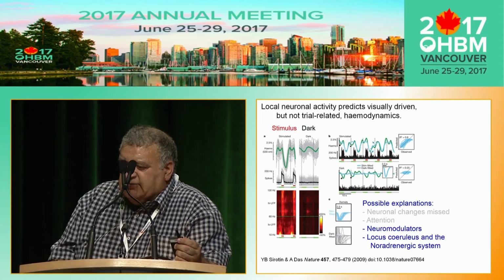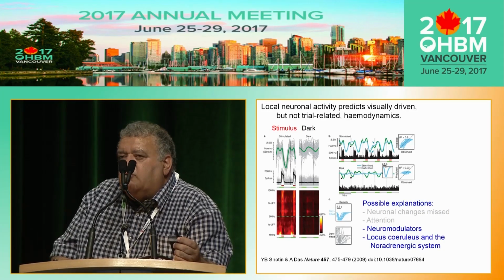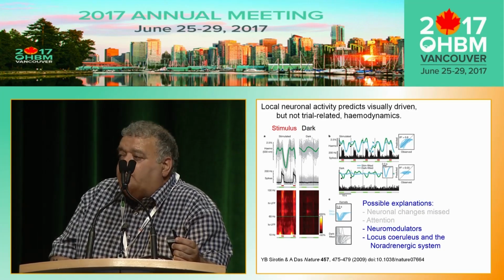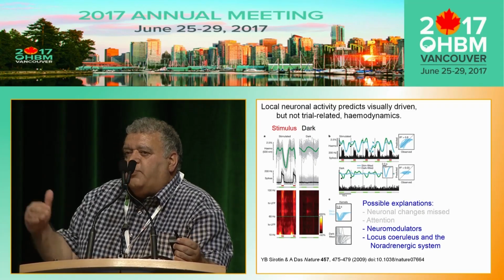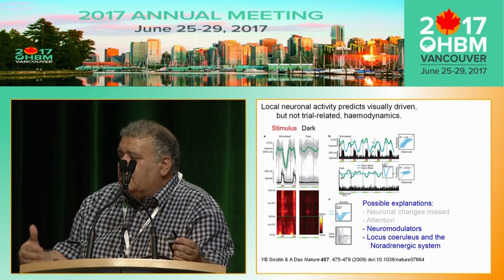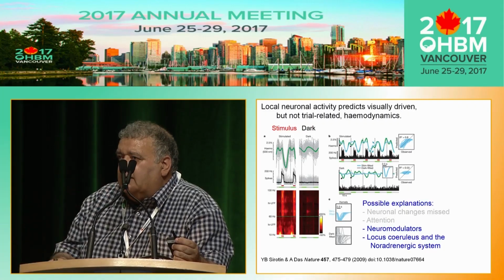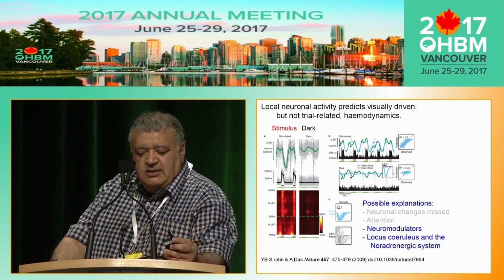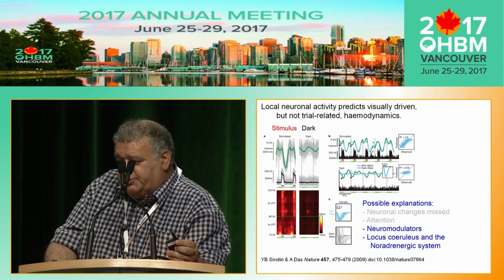A possible explanation is that this is an effect of neuromodulators, including noradrenaline, which is released by the locus coeruleus when the primate has a task and expects to pursue this task. So the noradrenaline level increases in conjunction with the trial structure.